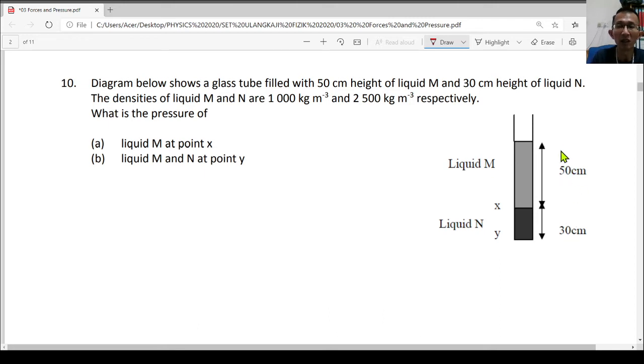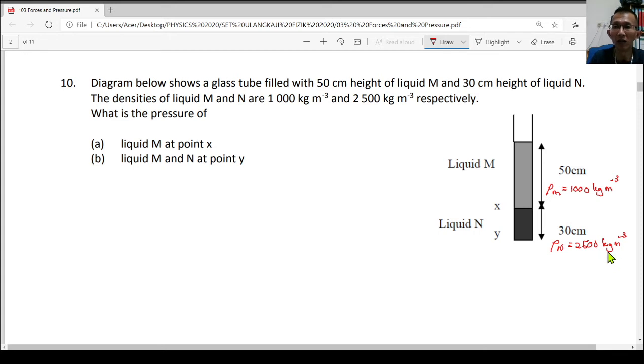The density for M is 1000 kilogram per cubic meter, and then the density for N is 2500 kilogram per cubic meter.